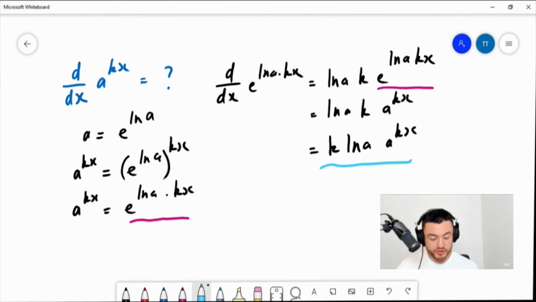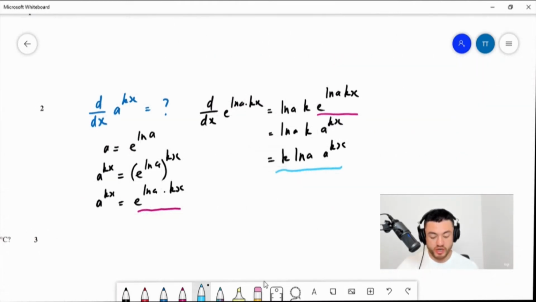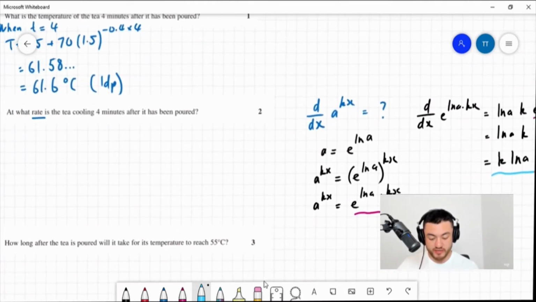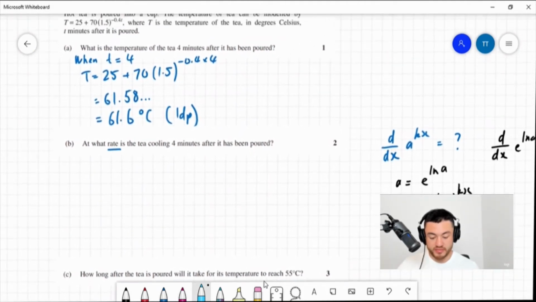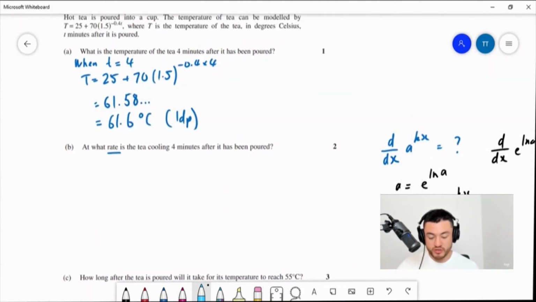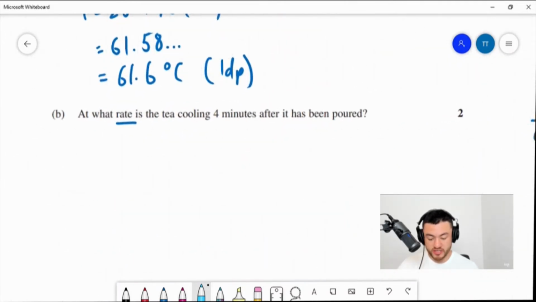We're going to use that to help us answer this question here. We want to know at what rate the tea is cooling 4 minutes after it has been poured. So that means we're going to grab our original equation and differentiate it with respect to little t. Let's write the equation down first.